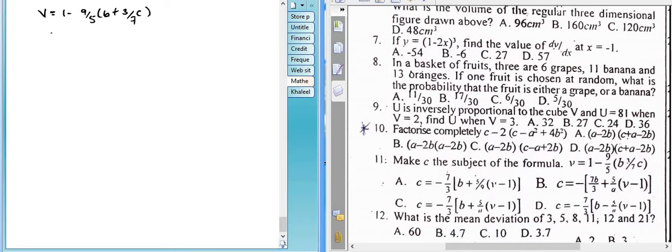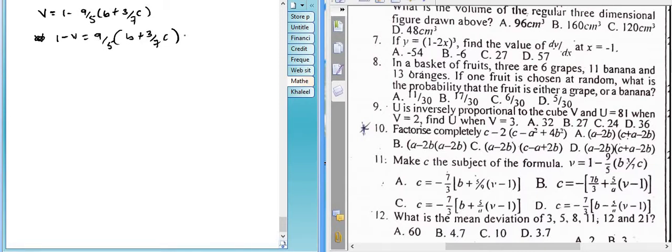Then we know that we want to make c the subject, so we can take all this to the left hand side. We take this one right here, then it will be 1 minus b is equal to 9 over 5 into b plus 3 over 7 c. Then from here we can divide both sides by 9 in order to split this 9.